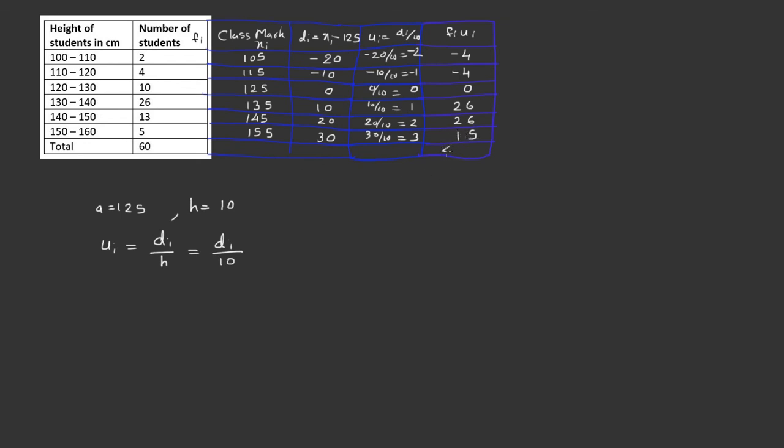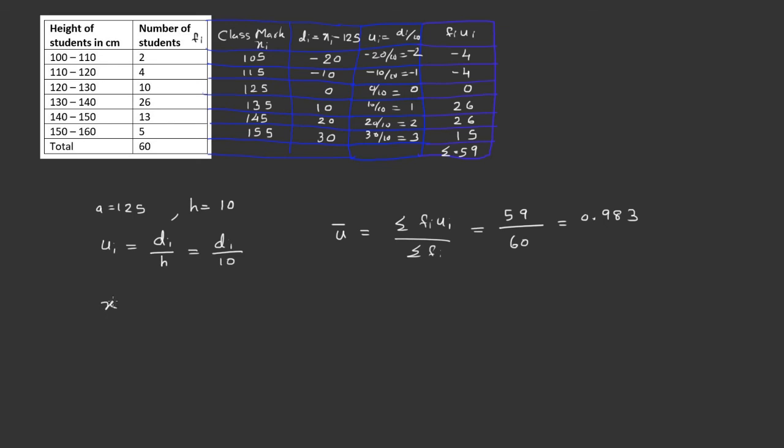The sum is 59. We know u bar is equal to sum of fi ui divided by sum of fi. Sum of fi ui here is 59, sum of fi is 60. That is equal to 0.983.